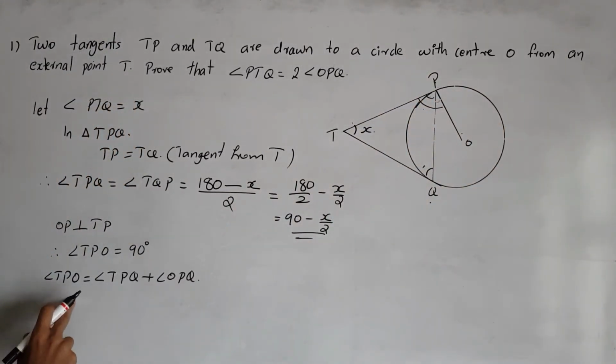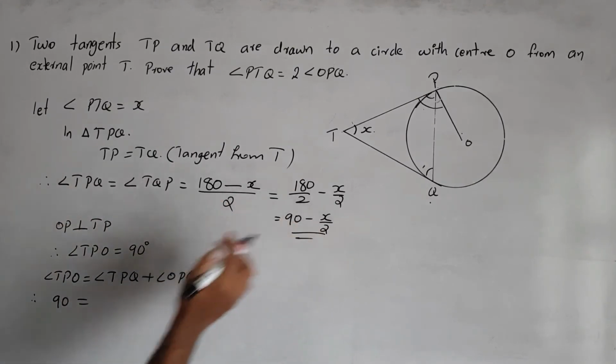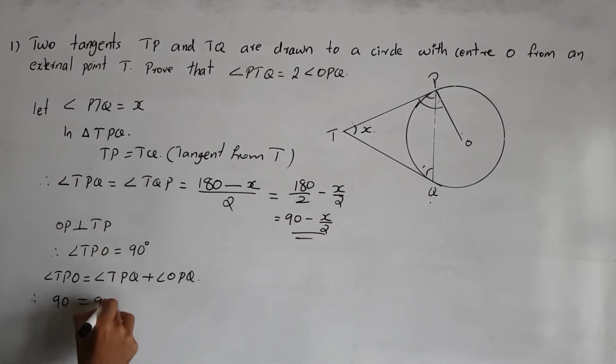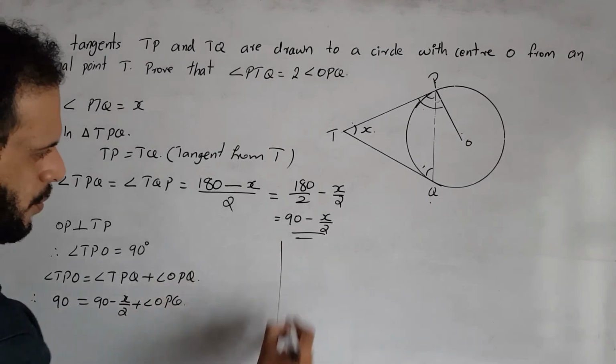What is angle TPO? It is equal to 90. Therefore 90 is equal to angle TPQ plus angle OPQ. What is angle TPQ? Angle TPQ is 90 minus x by 2, plus angle OPQ. Okay, so we are finding angle OPQ.